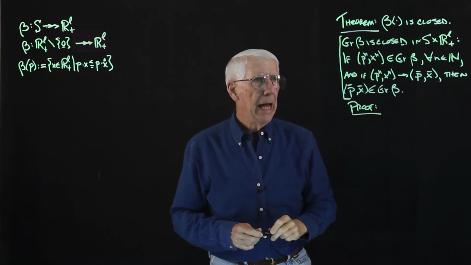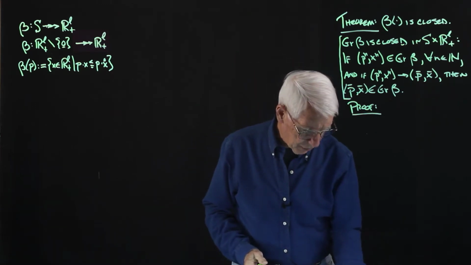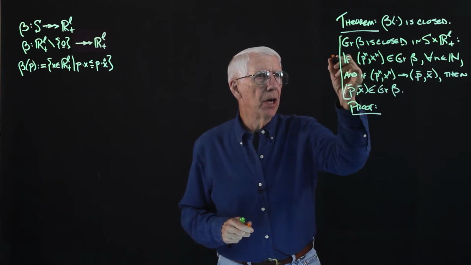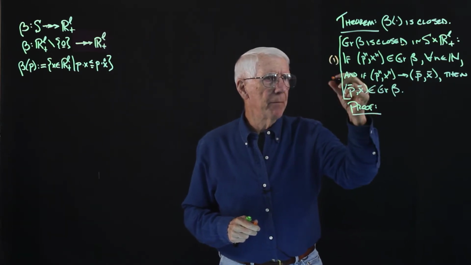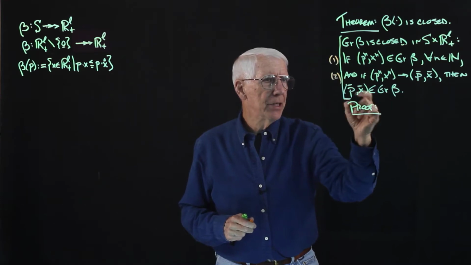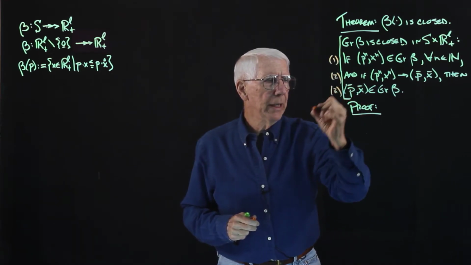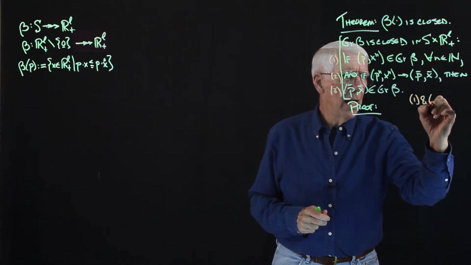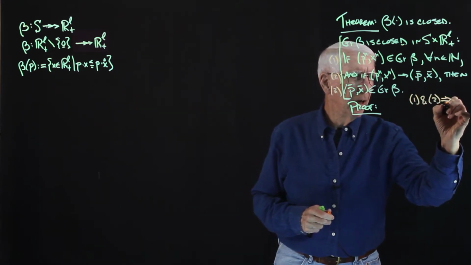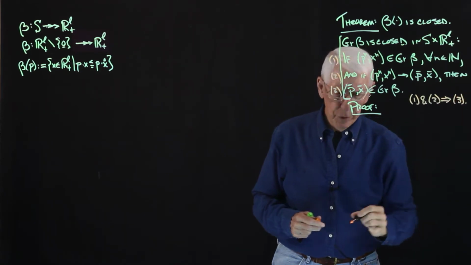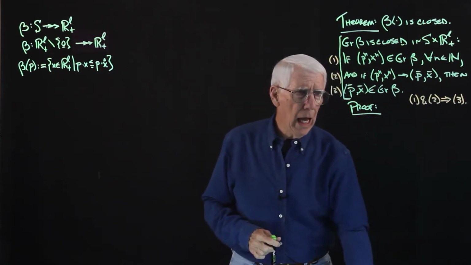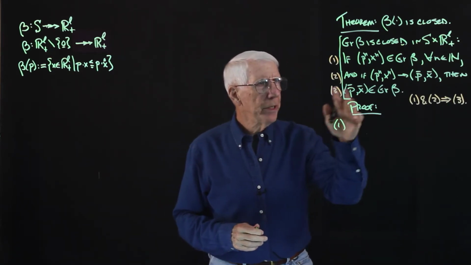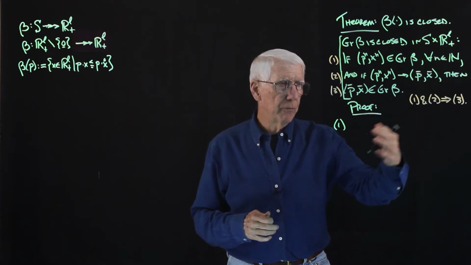So let's see if we can give a proof of this theorem. For that, let's say this statement is 1, this statement here is 2, and this statement here is 3. What we need to do is show that 1 and 2 together imply 3. So let's first look at statement 1, and let's rewrite that in a way that will be useful for the proof.